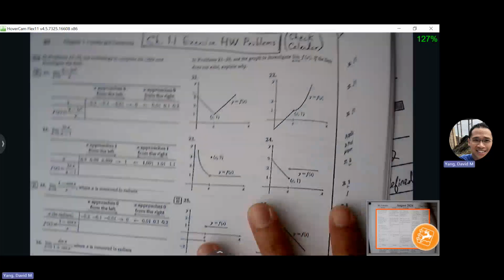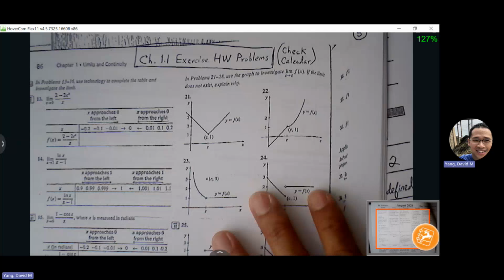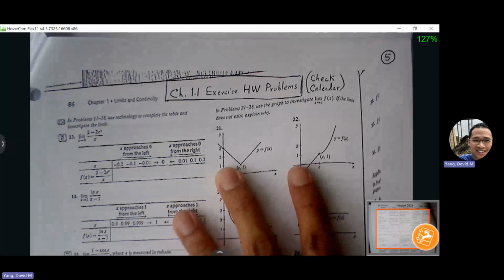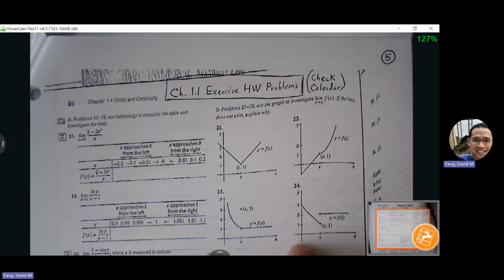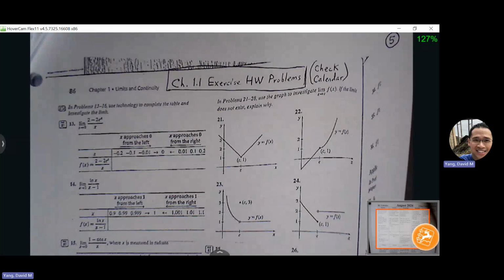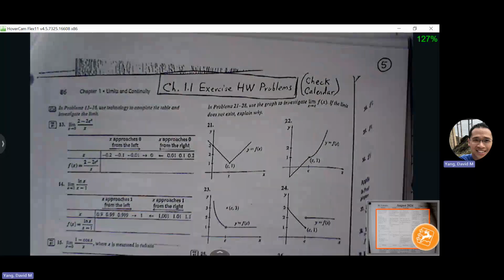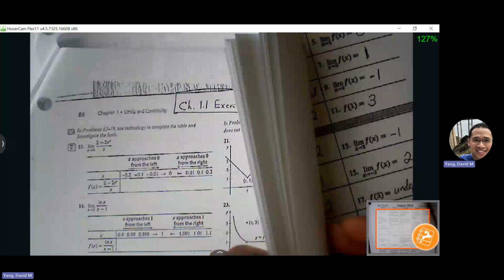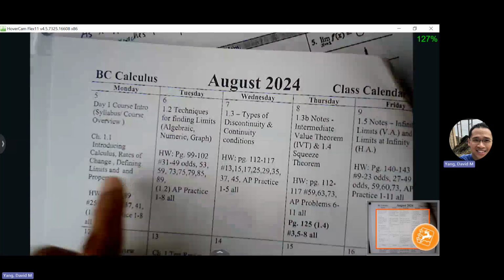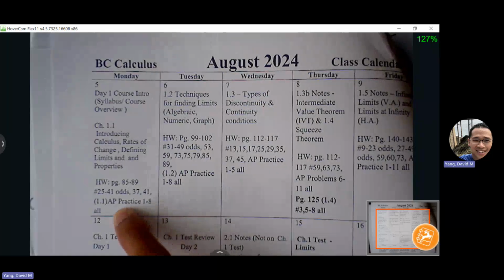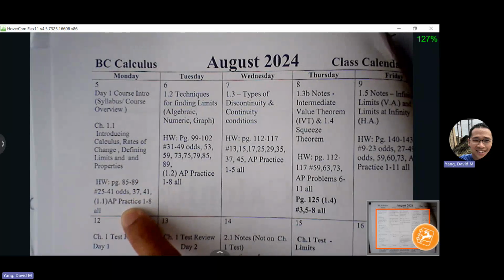Okay, so last thing, tonight your homework will be from page 5. Your exercise homework problems that I photocopied from the textbook are between pages 5 and 8, and the homework assignment problems are directly in your packet, and the homework pages and specific problems are on your calendar.